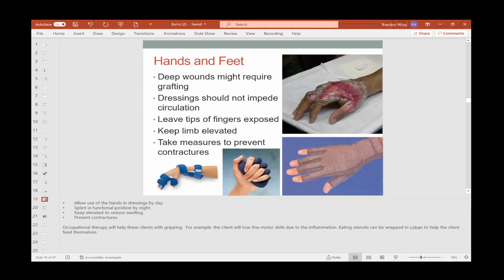And we're going to elevate to keep the swelling down. If we have a bunch of swelling in one area, what would happen to that area? Compartment syndrome. So you can imagine how, if you've got a hand like this, you can get compartment syndrome very easily. So keep the limb elevated and compressed.